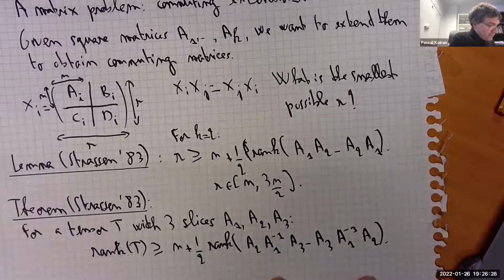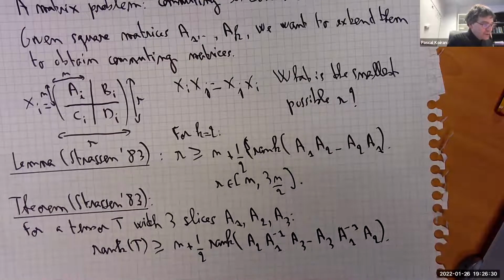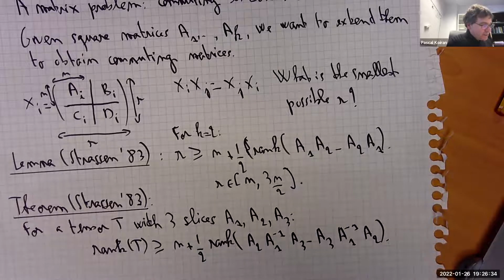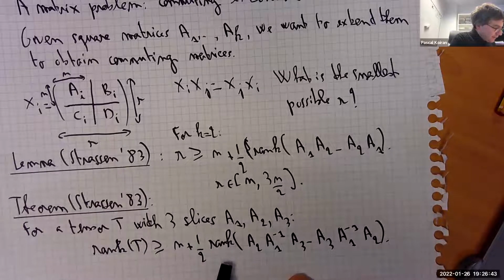And actually, I'm not going to explain this now because today I'll talk about symmetric tensors and I'll explain more or less everything from scratch. But I won't have the time to present the proof of this theorem here today.